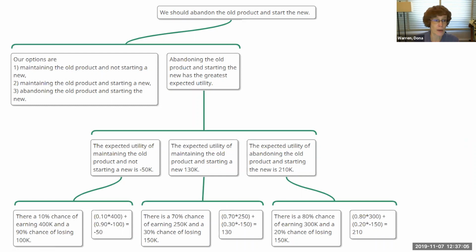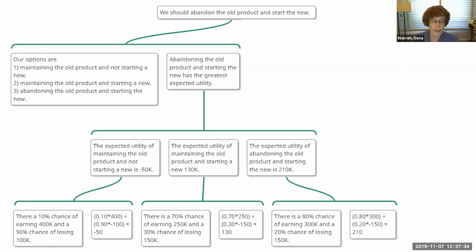The third option might be, let's just abandon the old product completely and just focus on the new one, right? Option 3. In order to decide what the expected utility of each of these outcomes is, we have to think about what are the consequences of each of those options, how likely are those consequences, and how good or bad are they.